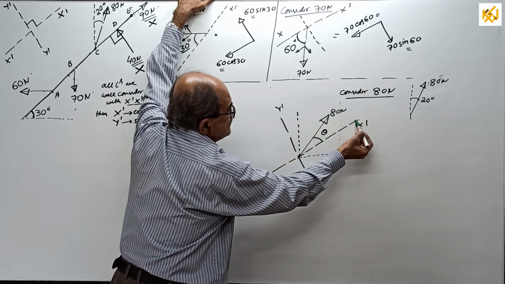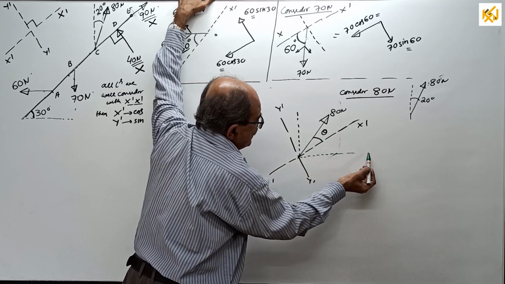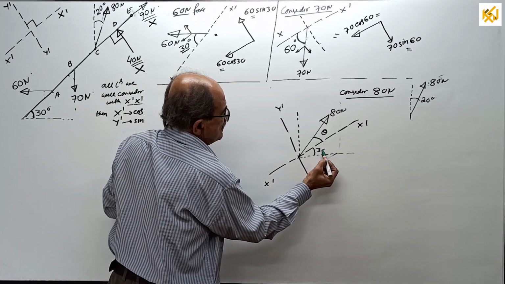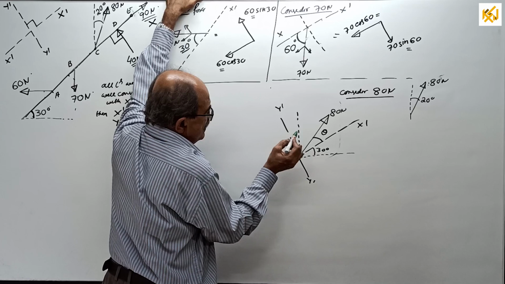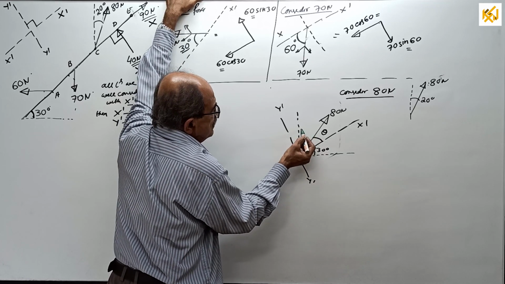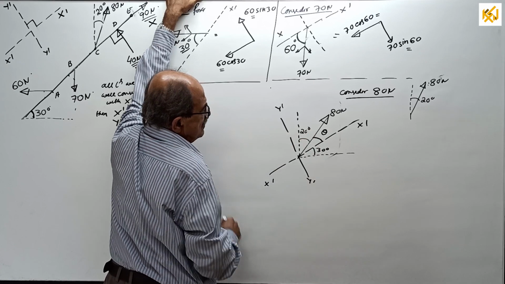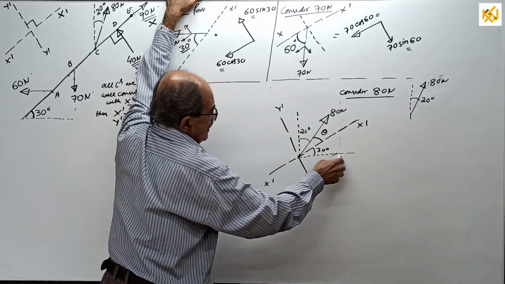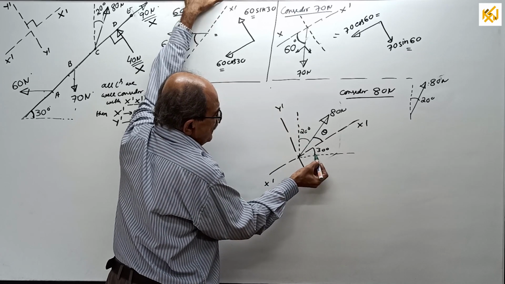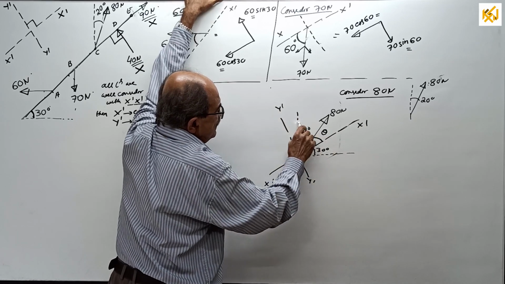See, this line with the horizontal is making angle of 30 degrees. 30 degrees. And this angle, it is given in the data as 20 degrees. Therefore, this line and this, see, this and this are perpendicular. So, when this is 30, this is 20, this is 90.